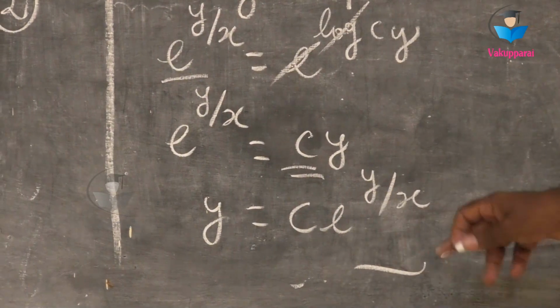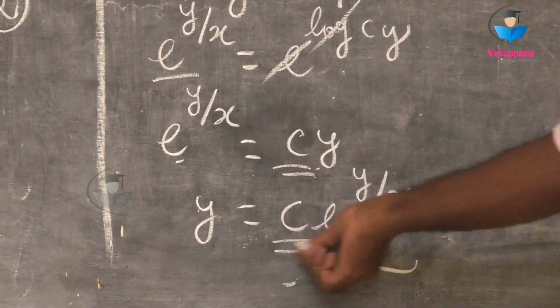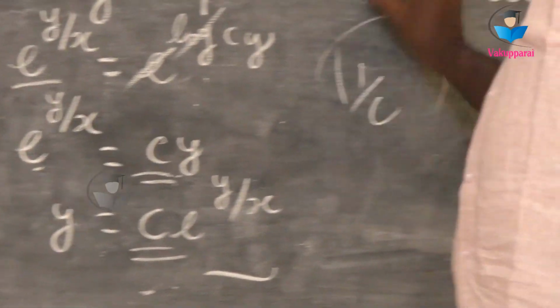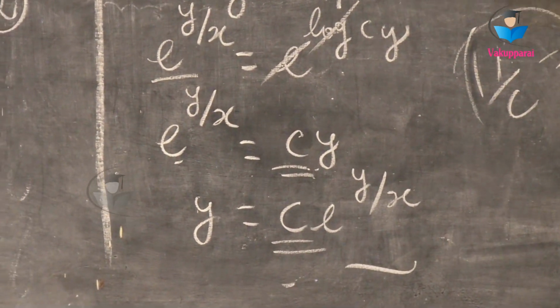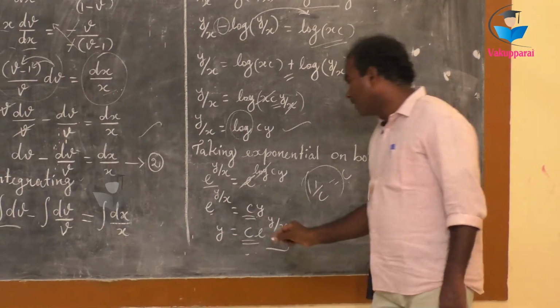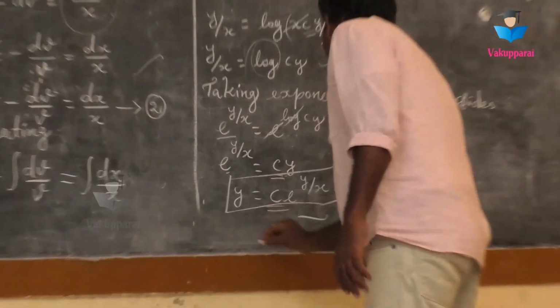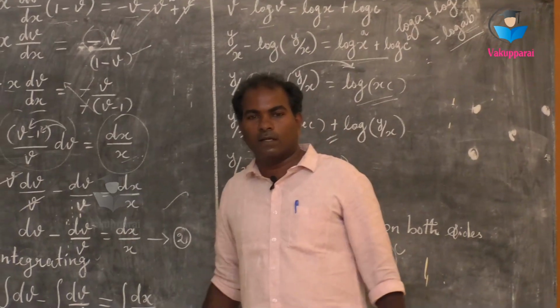When it goes to that side, it will become like this. We can write 1 by C equal to C because of that integral constant. We don't know the value of C, so we write like this. This is the required answer.